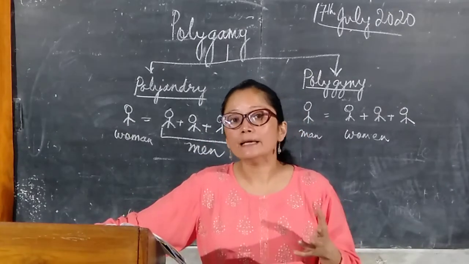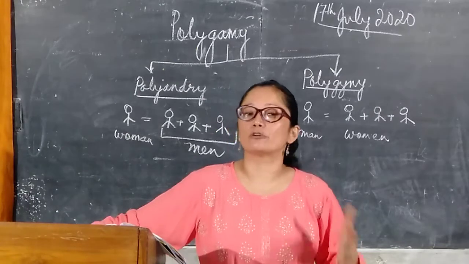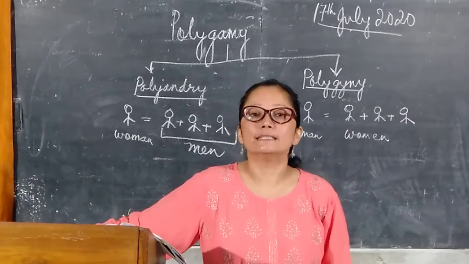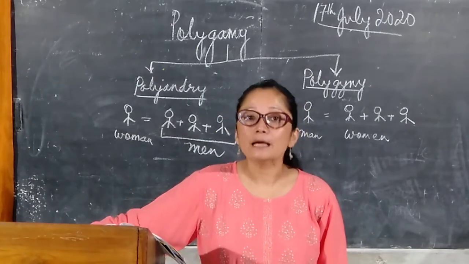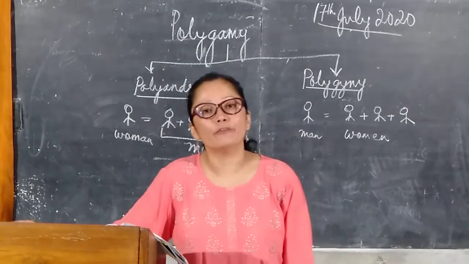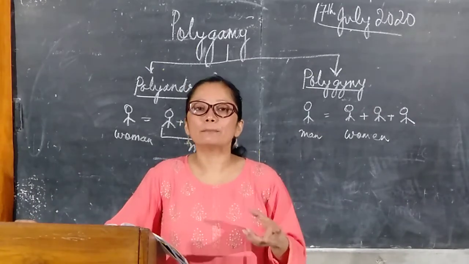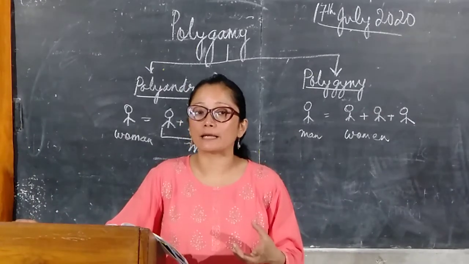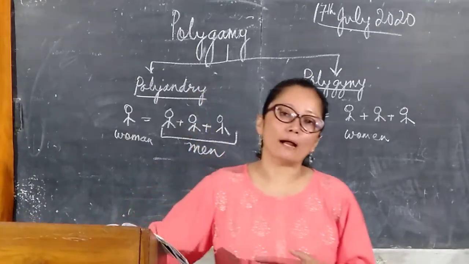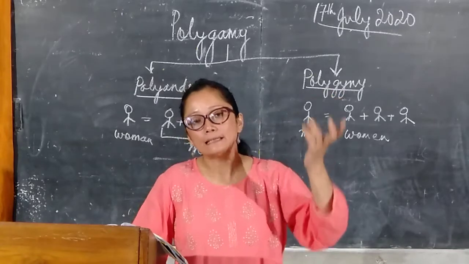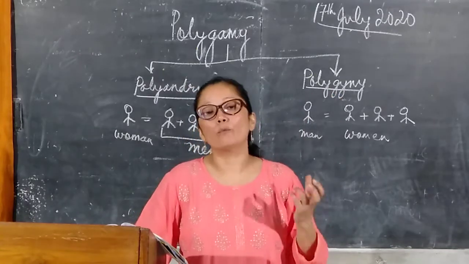But today, anyone who goes as a second or a third wife will face this problem of degradation. Meaning, people will not have good things to say about women who go as a second or a third wife, because that will lower your status as a wife.